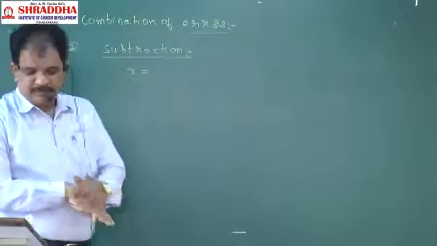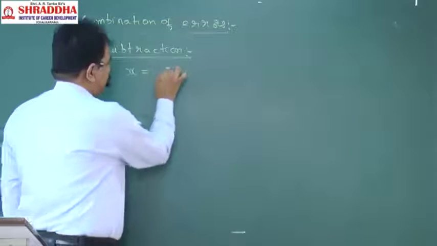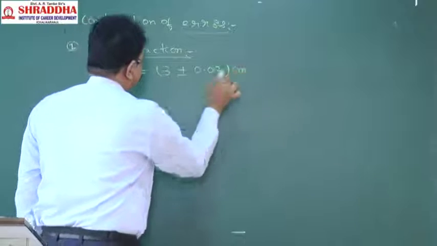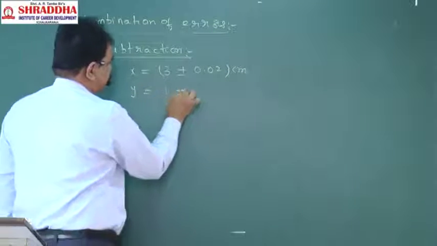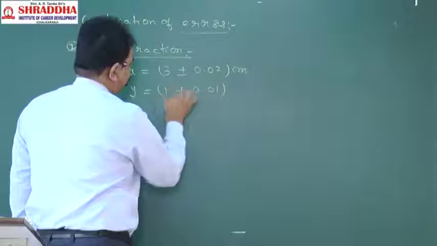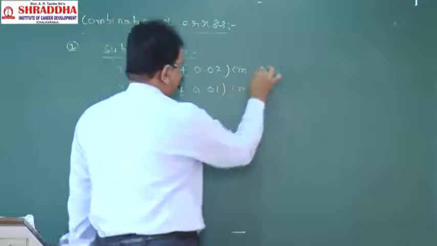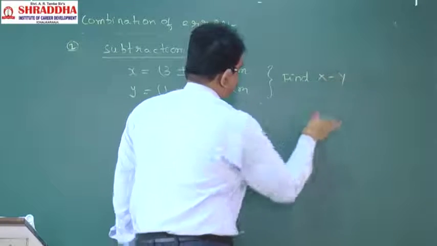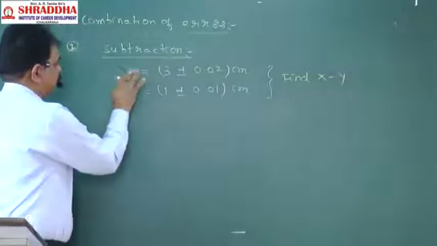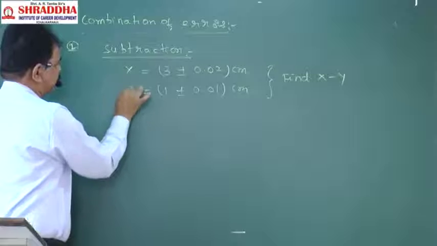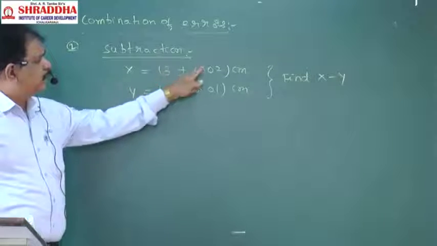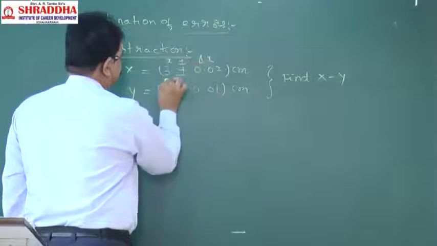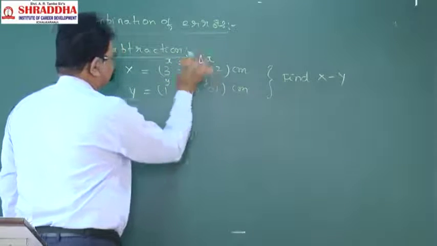X value is equal to 3 plus or minus 0.02 centimeter. Y is equal to 1 plus or minus 0.01 centimeter. Find x minus y. Assume it as capital X, capital Y. Capital X is equal to x plus or minus delta x, and capital Y is y plus or minus delta y.